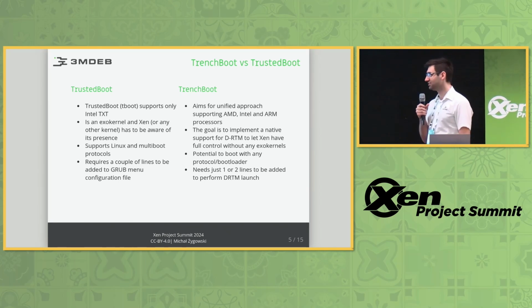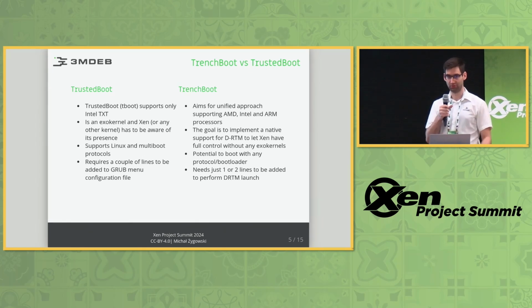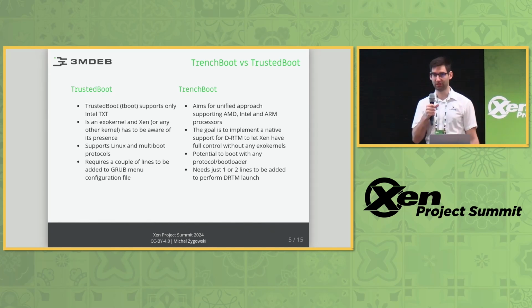Moreover, it is an exokernel to any software that it dynamically launches, so the target kernel or hypervisor has to know about the Trusted Boot's existence. And of course, this poses another set of limitations. Currently, tboot supports only the multiboot protocol and the Linux kernel boot protocol. So there is no other way to launch anything else with tboot.